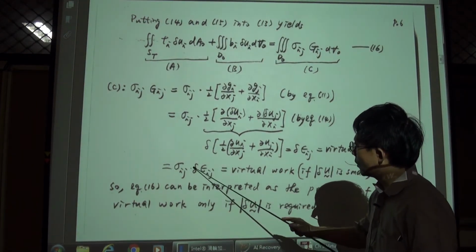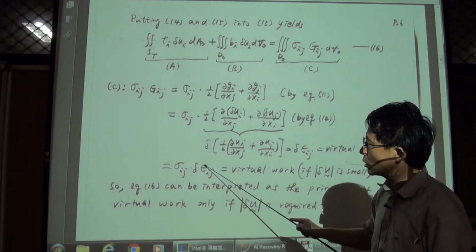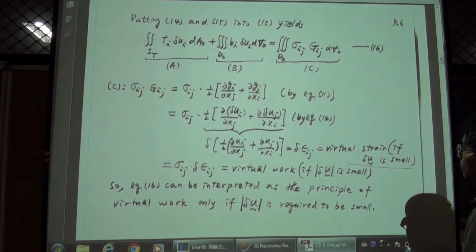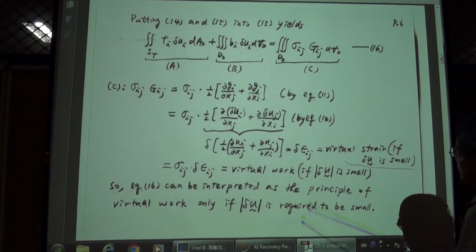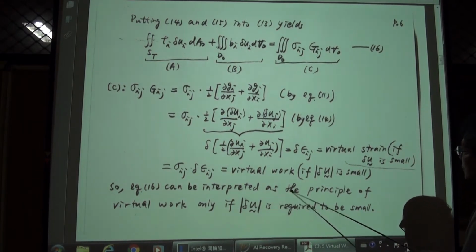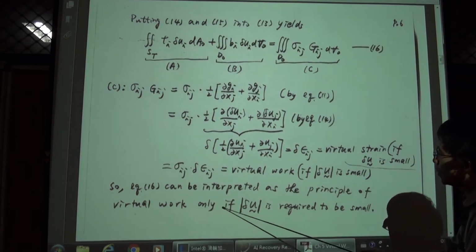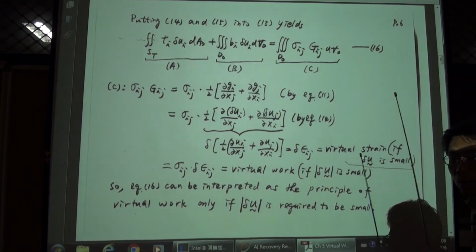If the virtual displacement is too large, then this is not the virtual strain. So the virtual displacement, the absolute value, must be small. So equation 16 can be interpreted as the principle of virtual work only if the virtual displacement is small.